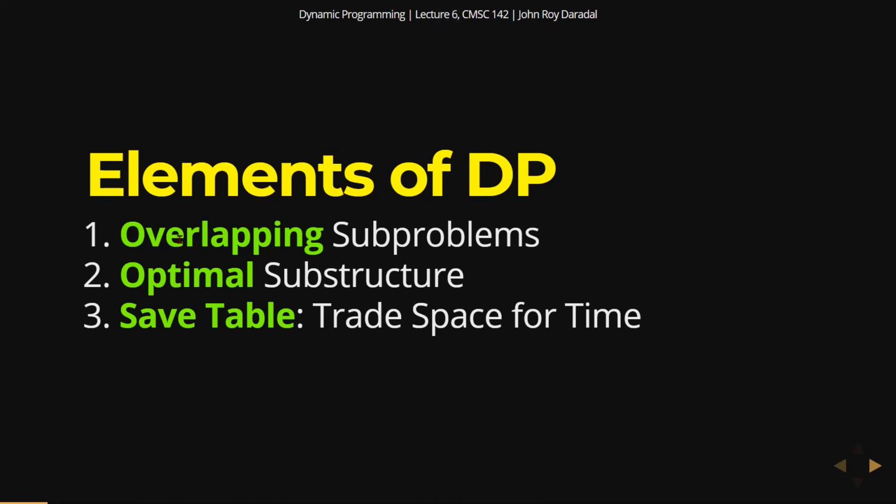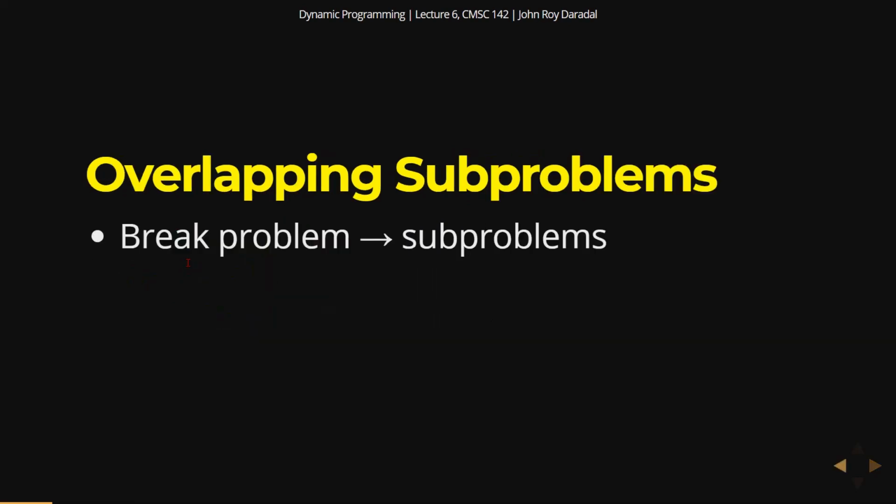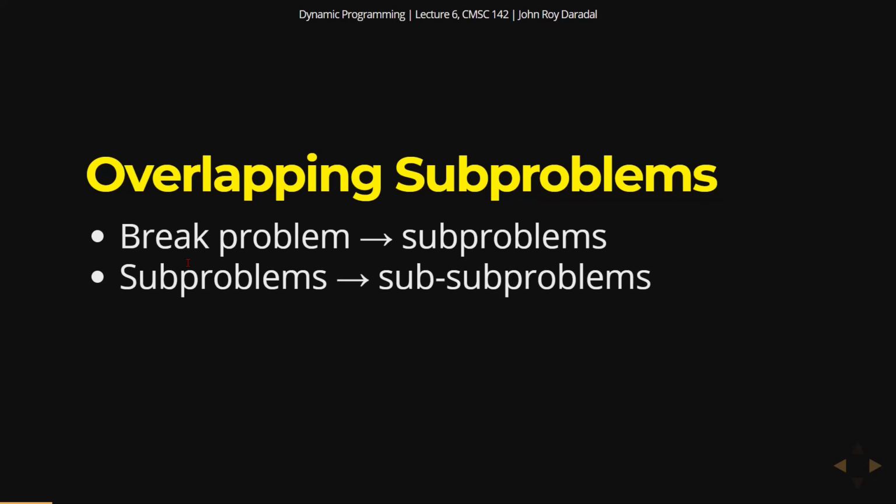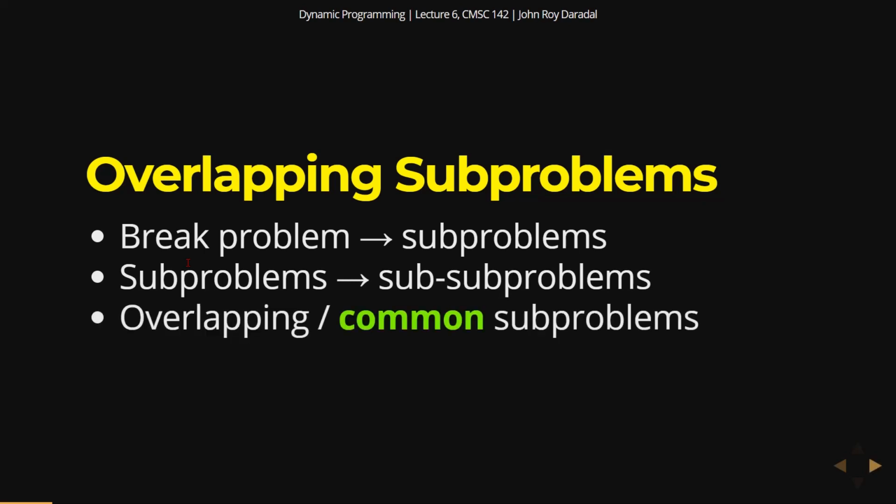So we will discuss these three elements more in depth, starting with overlapping subproblems. So you already have an idea of what this means, because I've already mentioned earlier that subproblems in dynamic programming are overlapping and they're not independent. So when we break the problem into subproblems and then subproblem into subproblems, there will always be overlapping or common subproblems.